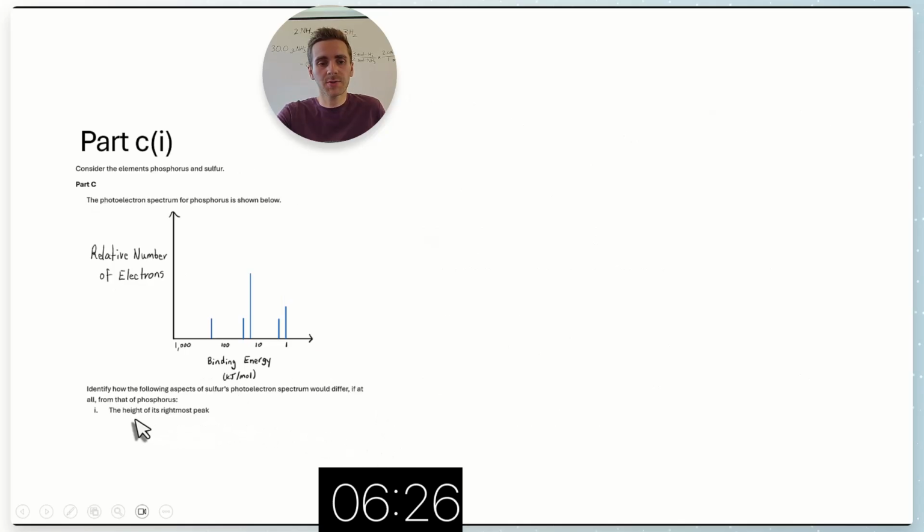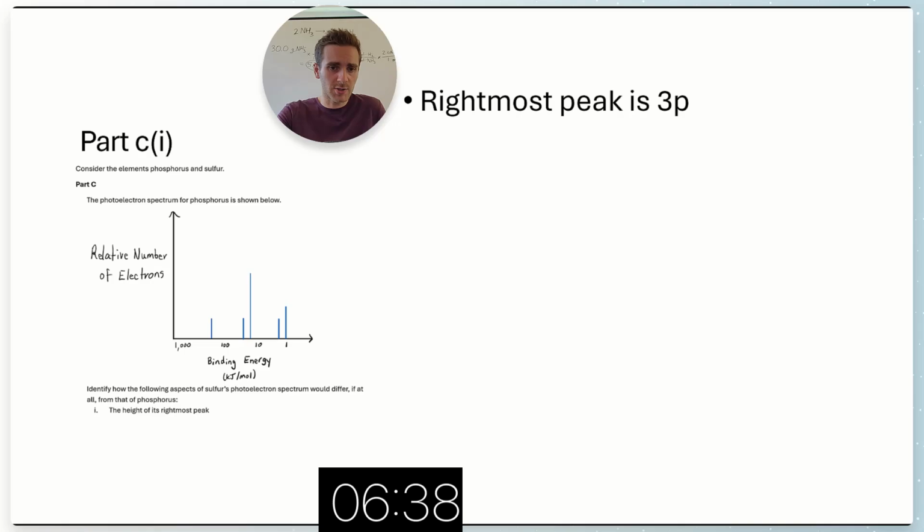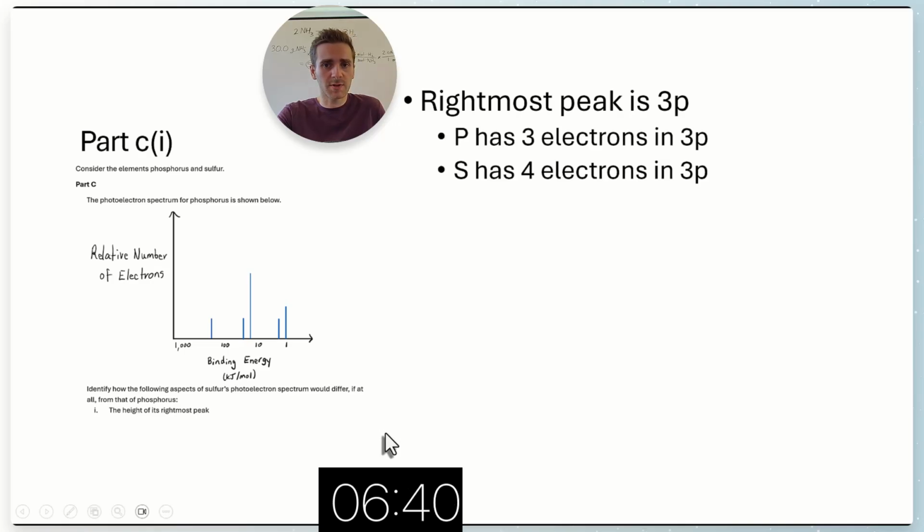But actually answering the first question, the height of the rightmost peak for sulfur. Well, the height, again, is based on how many electrons are in each sublevel. So we already looked at the electron configurations for each. Phosphorus ends in 3p3, sulfur ends in 3p4.